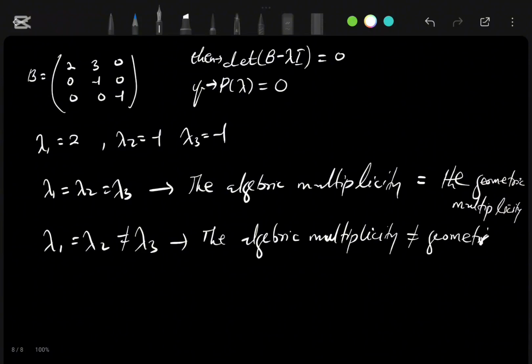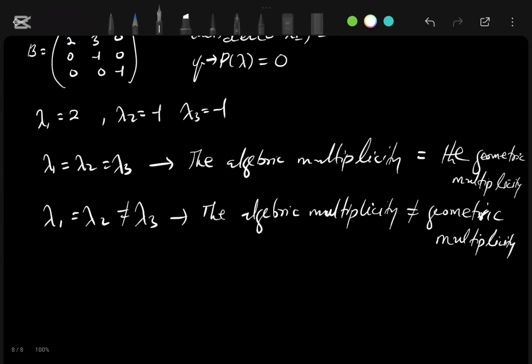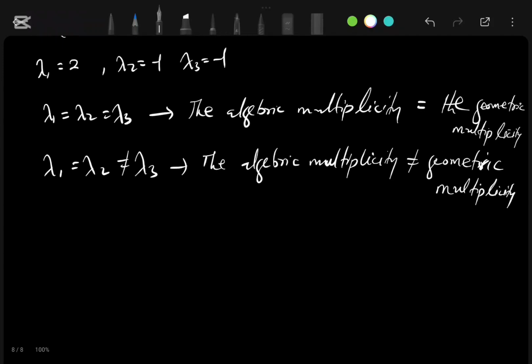In this case, this falls under the second category. So we have I and II. If lambda 1 is not equal to lambda 2, which is also not equal to lambda 3, we have distinct eigenvalues. We've already taken a look at an example of distinct eigenvalues.